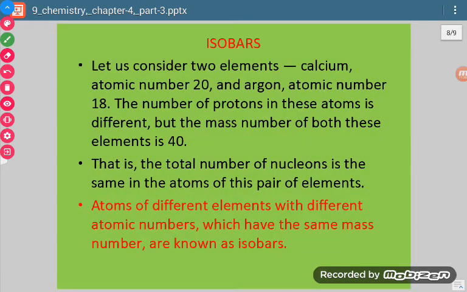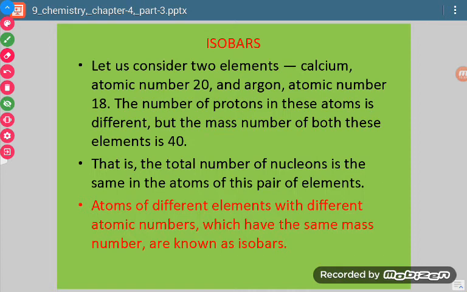Now let us come to another property, that is isobars. Whatever we said in the case of isotopes, here we are going to say the opposite. There we said atoms of the same element; here we will say atoms of different elements. There we said similar atomic number; here we will say different atomic number.